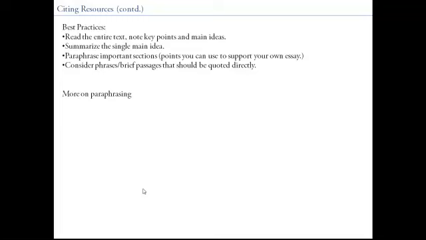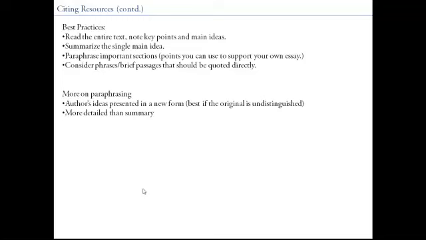A little bit more on paraphrasing before we move on. If the original text is undistinguished, it doesn't have very spectacular phrasing, it's all right for you to present those ideas in your own words. If the essence of the original is not lost by using your own words, then use paraphrase.